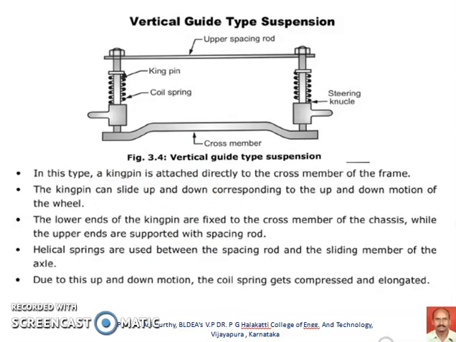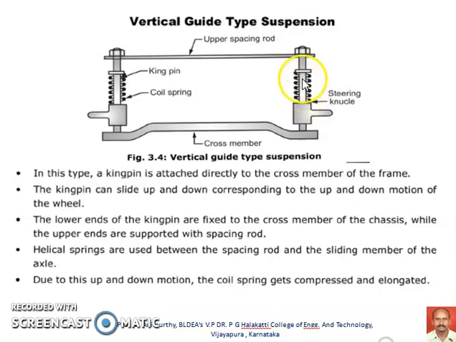The next type of independent suspension system is the vertical guide type suspension system. Here you can see the arrangement of the vertical guide type suspension system. This represents the cross member of the chassis frame, and this is the stub axle on which we mount the wheel, one at the left and another at the right. On the cross member we mount this arrangement, and over this stub axle the wheels are mounted on both sides.